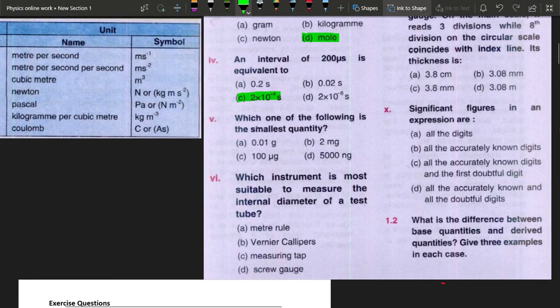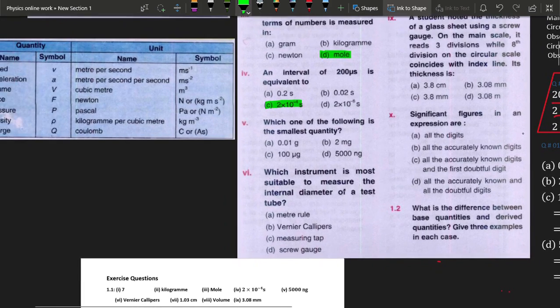Now next is: which one of the following is the smallest quantity. Now remember the technique of solving this type of question: you need to convert all these prefixes into a simple number. Option A is not in prefix form, so we do not change it.